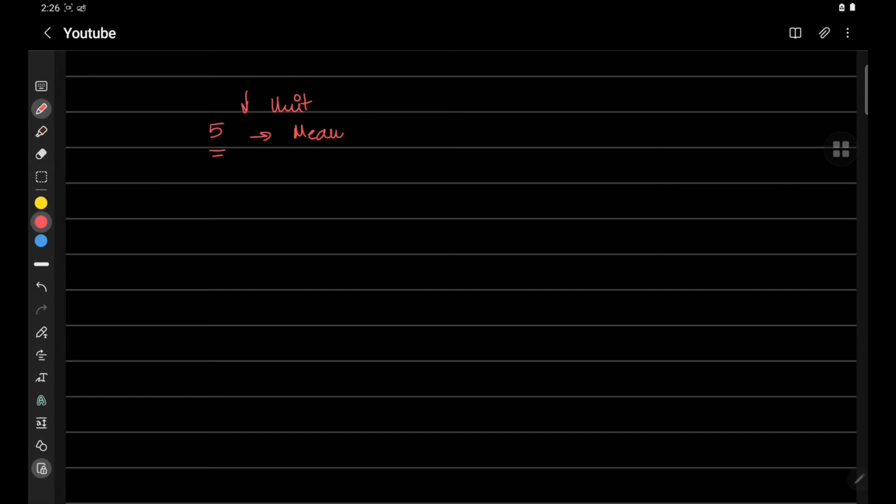It means nothing. Similarly, if I was to write 5 seconds, if I was to write 5 meters, then you would know that, okay, I'm talking about the time here. I'm talking about the length here. So it's very important for us to describe a quantity with the appropriate unit so that it makes sense.